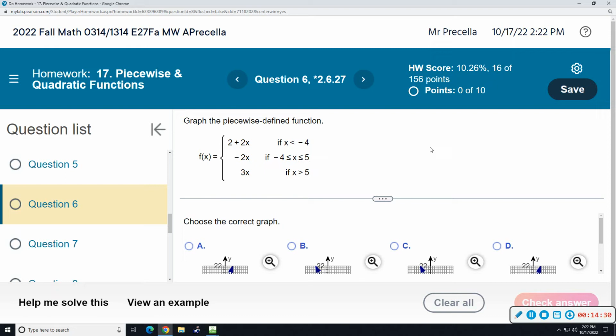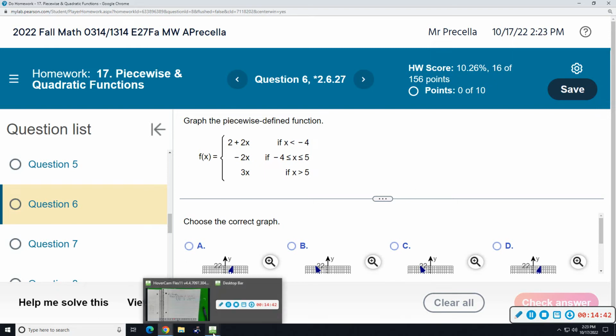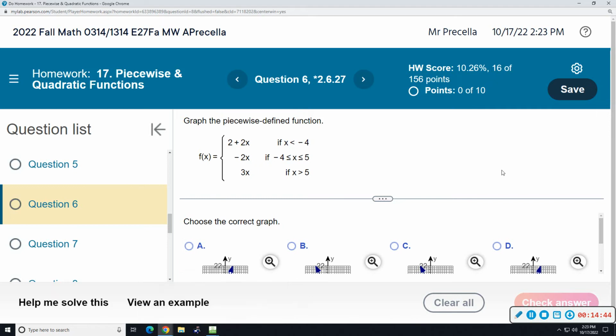And we'll use the piece 3x if x is greater than 5. Let me make sure I didn't miscopy that. 2 plus 2. Okay.